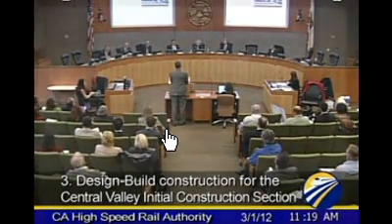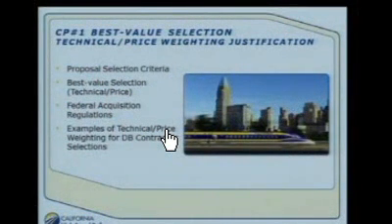The selection process for the best value proposal is going to be a best value selection, and it's a technical and price component. We had a lot of internal discussion on the best way to approach this so that we end up with a strong technical proposal team as well as a very fair and competitive price.